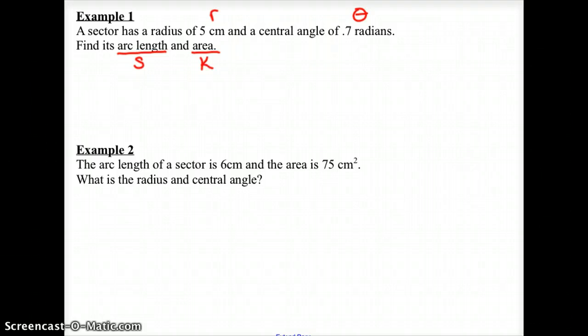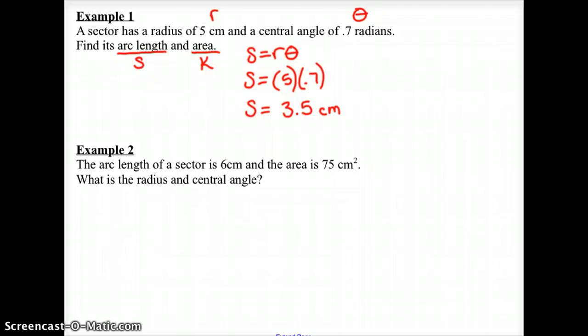To begin, I can use the s equals r theta formula, because I have a radian measure, and therefore I get 5 times 0.7, which equals 3.5 for my arc length. And arc length is a distance, so I'm going to label it with centimeters. Do not forget to label.